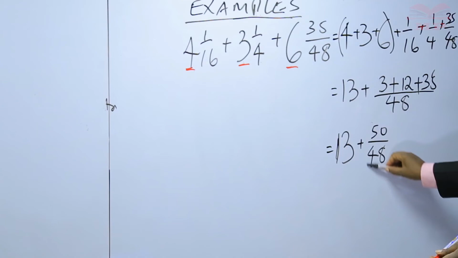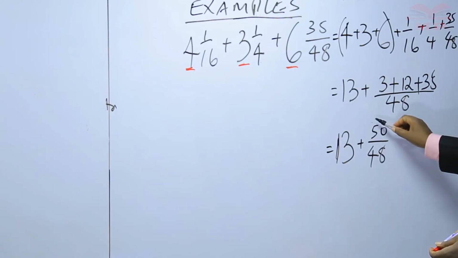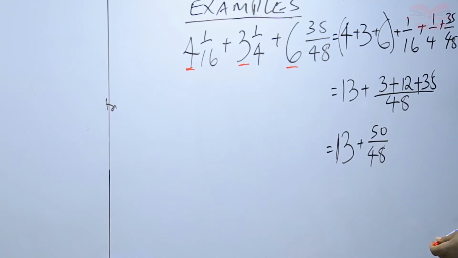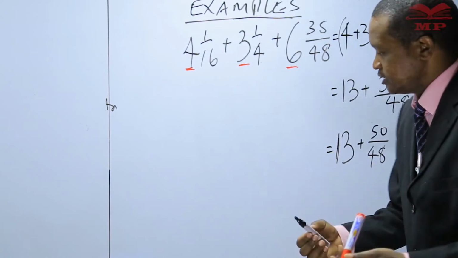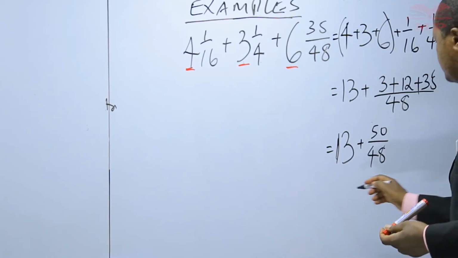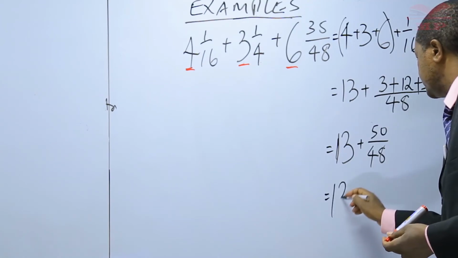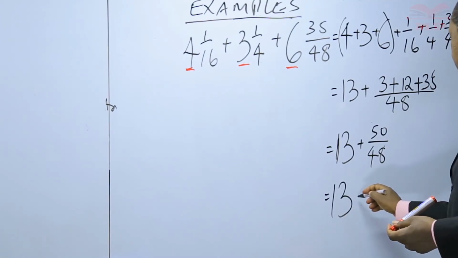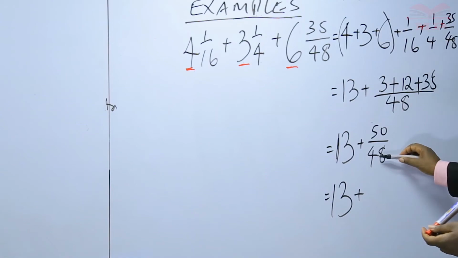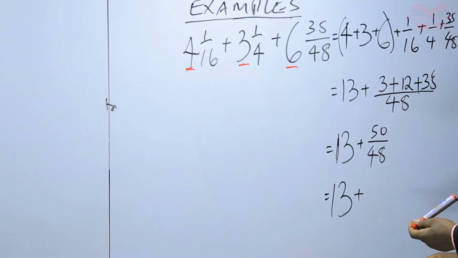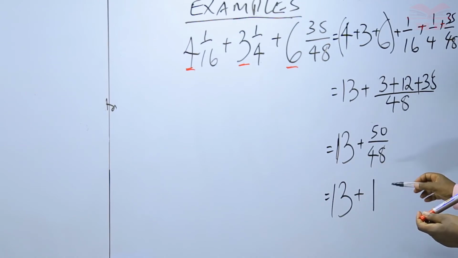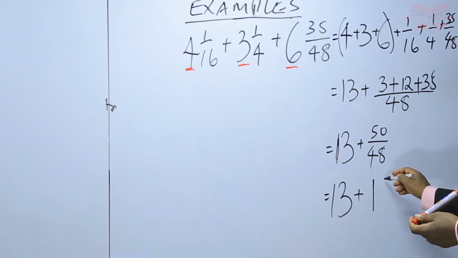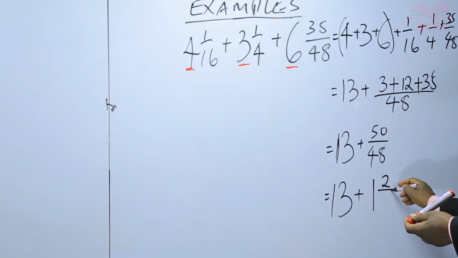Convert this improper fraction into a mixed number, then we add whole numbers and then simplify the fraction. This will be equal to 13 plus, 48 goes into 50 how many times? 1 time. Remainder is 2/48.